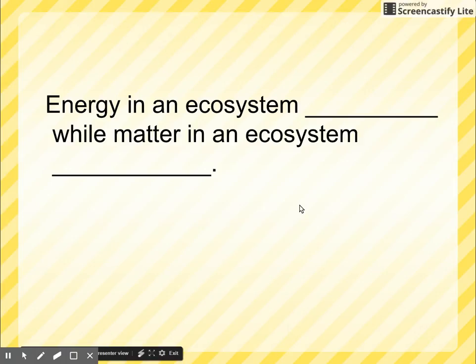All right, the very last slide we talked about on Friday was energy in an ecosystem flows while matter in an ecosystem cycles. So you are made of atoms that have been reused and recycled for a long time. The nitrogen and carbon and all the little micronutrients that you eat every day have been used by some other organism in the past.